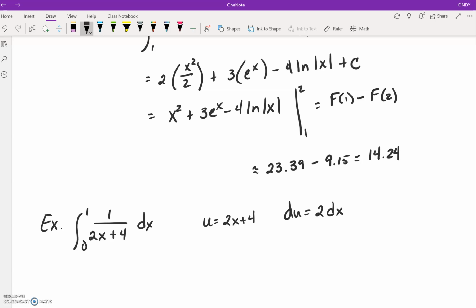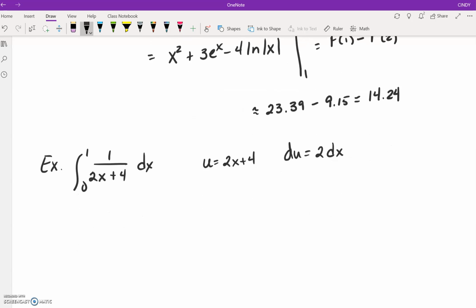Okay, now I have a 1 dx up here, but not a 2, so just like before, we're going to multiply by 2 over 2, but the numerator 2 I'm going to put up here. Okay, now I have substitution for u. This is equal to 1/2 integral from 0 to 1 of 1 over u du.